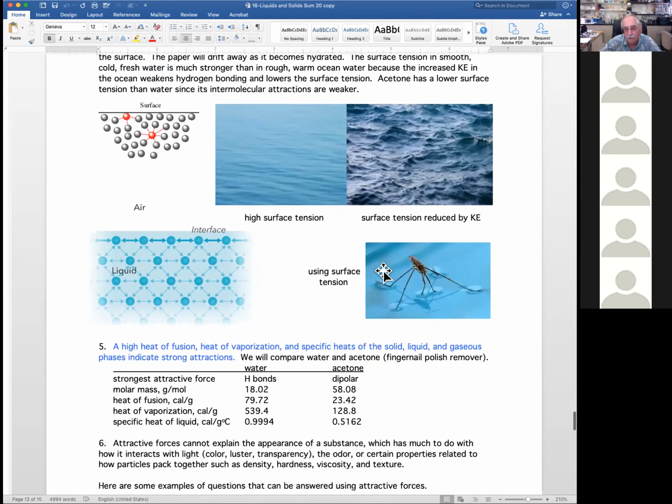So here's a bug taking advantage of that. Here's where you have high surface tension, cold, still water. You go out to the ocean, and what's the difference? All that surface tension has been reduced because of all the kinetic energy that's in the ocean.